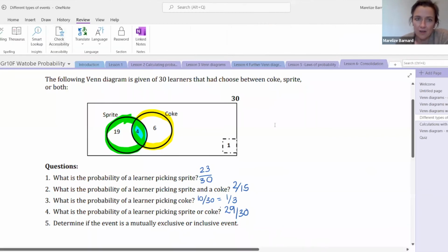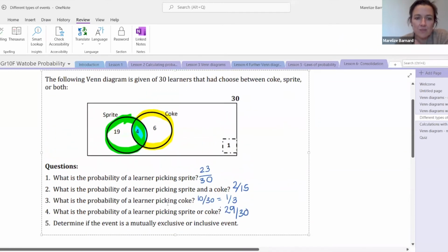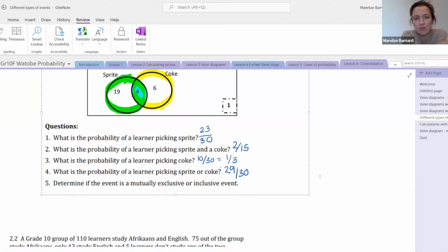Thank you. Last question is, determine if the event is mutually exclusive or inclusive. If you think back on our previous lesson, the one we had on Tuesday about mutual exclusivity, is this event mutually exclusive or inclusive? Pop your answer in the chat if you know.